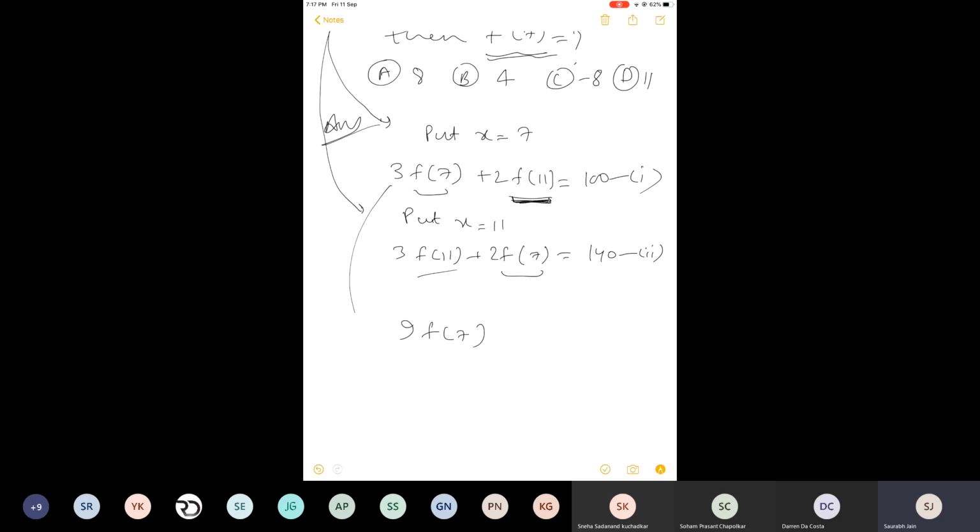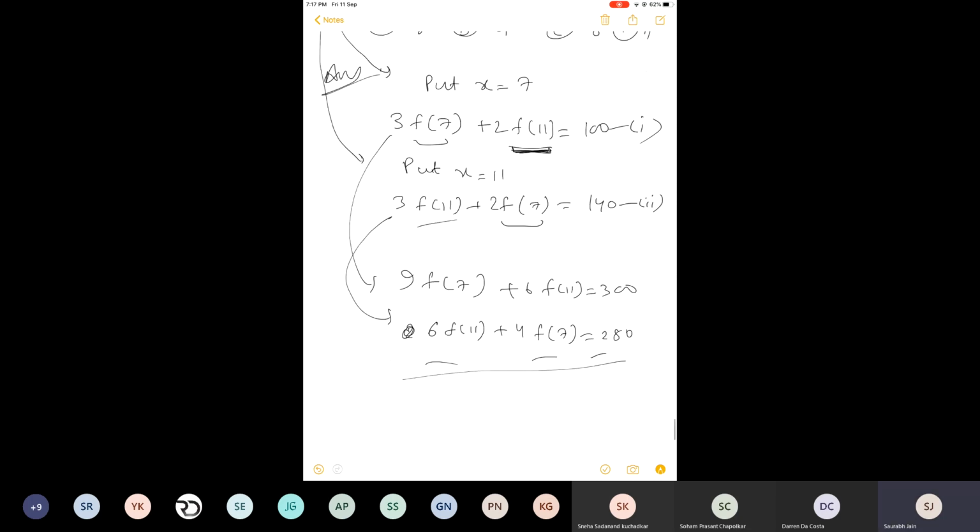Multiply the second equation by 2. Subtract. 6f(11) will get cancelled. 9f(7) minus 4f(7) is 5f(7). In the right hand side it is 20. So f(7) is 4. That will be option B.